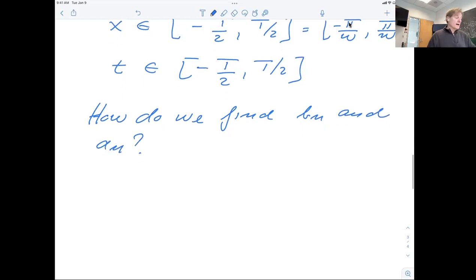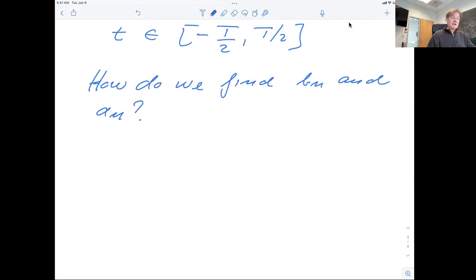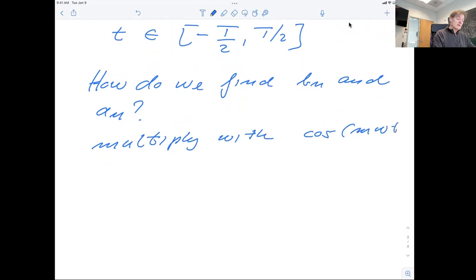The way we are going to do that is simply by multiplying f of t with either a cosine or a sine function. So the first thing we're going to do now is just simply to multiply on both sides with cosine, and then we integrate. So we're going to put in a cosine of n omega times t on both sides.